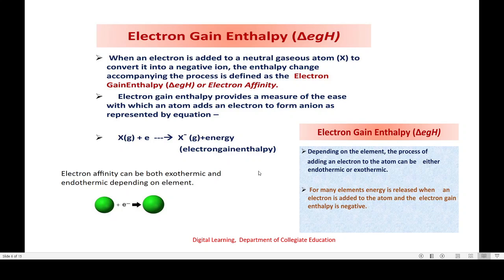The noble gases, on the other hand, have a highly positive value because the extra electron has to be placed in the next higher principal quantum number, which requires lots of energy. So depending on the element, the process of adding an electron to an atom can be either endothermic or exothermic, and for many elements the energy is released when the electron is added, and the electron gain enthalpy is negative.